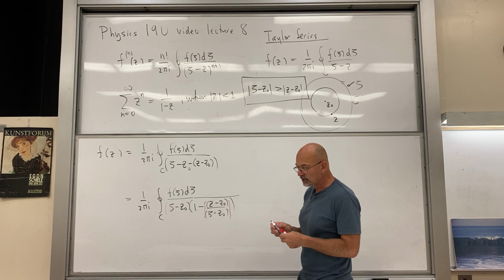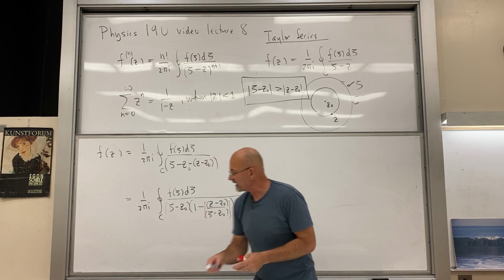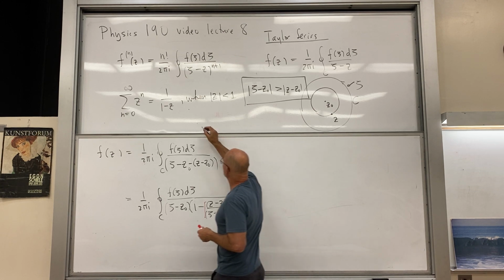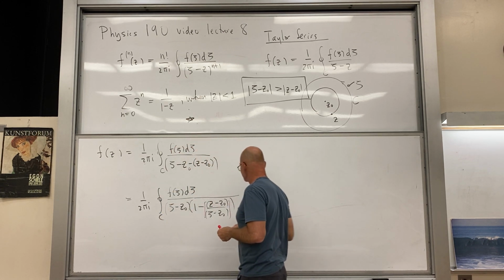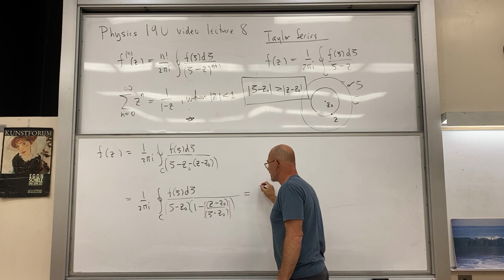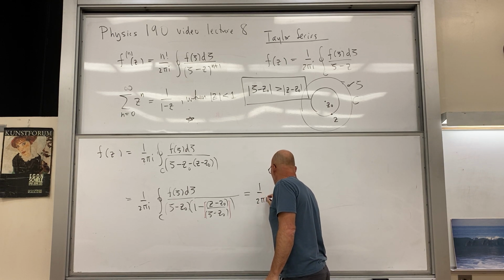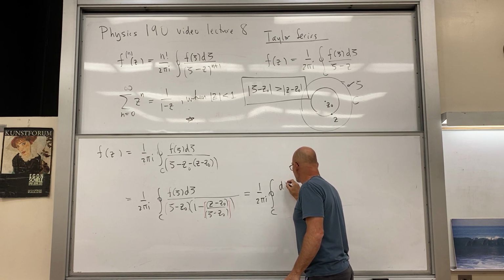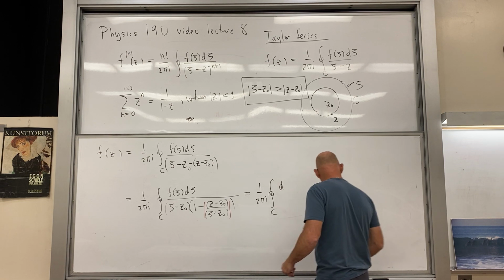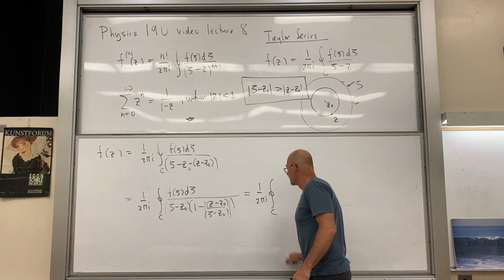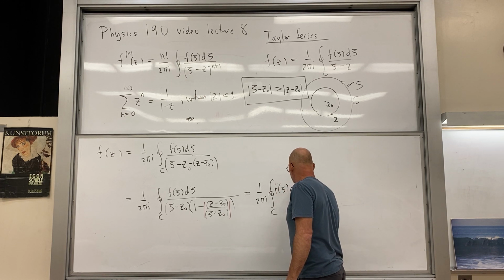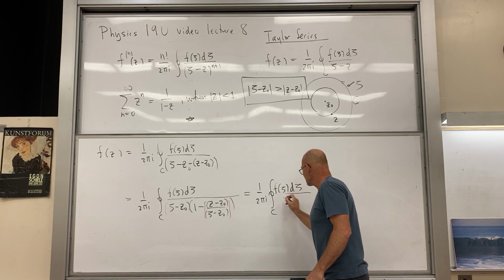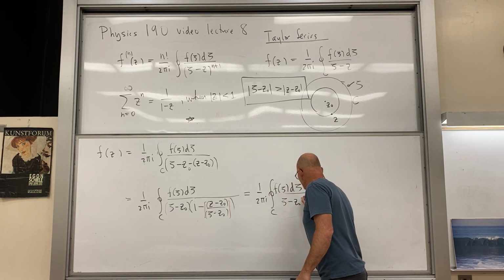So what we can now do is use this expansion right here. So we now have 1 over 2 pi i closed contour, f of zeta d zeta, over zeta minus z sub 0.